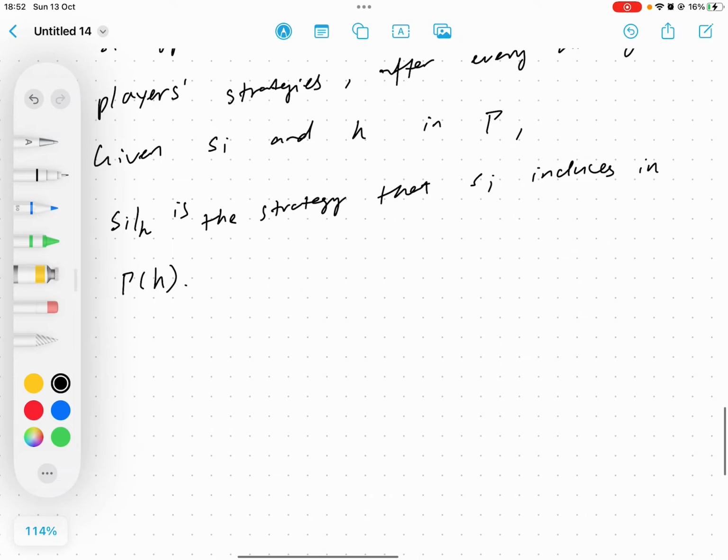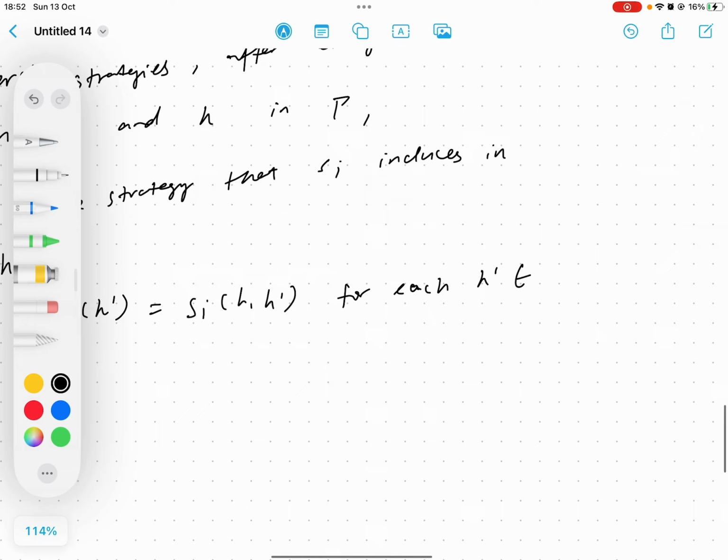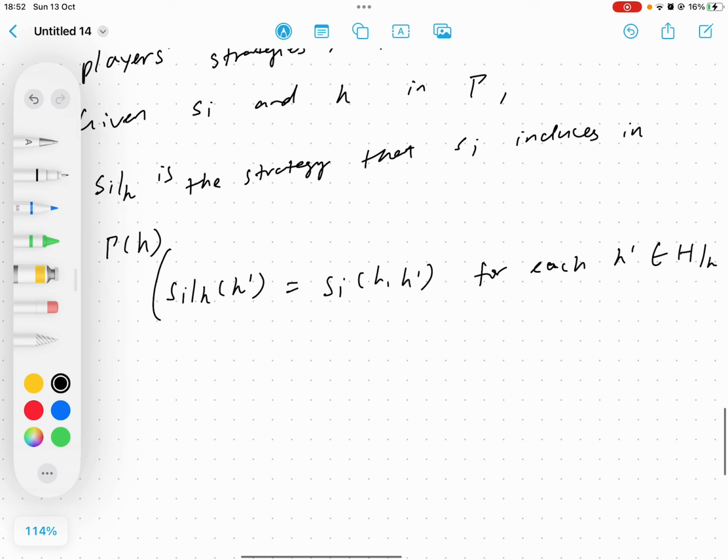So essentially it means that Si following H of H prime is Si H prime for each H prime in this set H following H, okay?